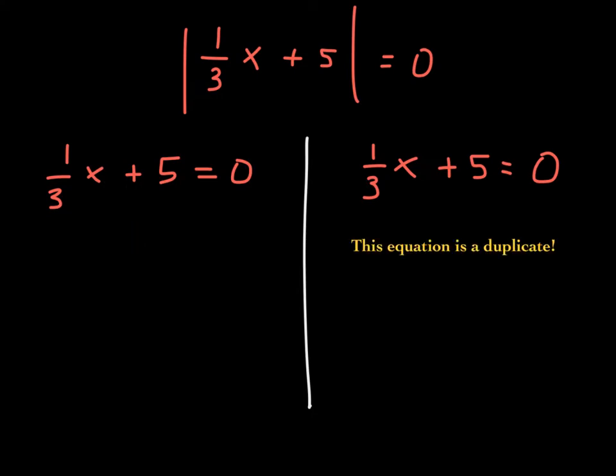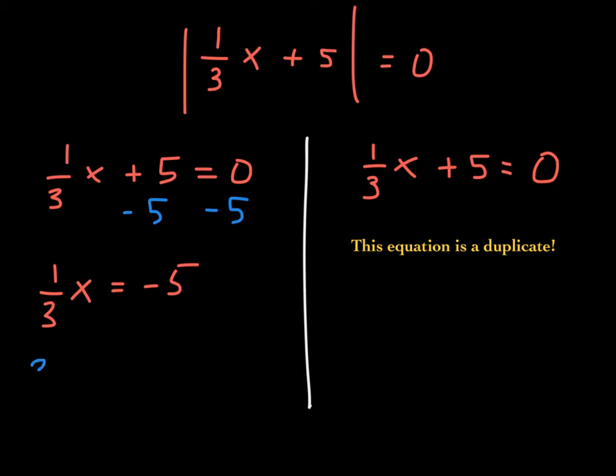All right, so what I'm going to do then is subtract 5 from both sides. And that'll leave me with 1/3 x is equal to -5. Now remember what I suggested earlier. Whenever I'm solving for a variable and its coefficient is a fraction, I multiply both sides by the reciprocal. The reciprocal of 1/3 is 3.